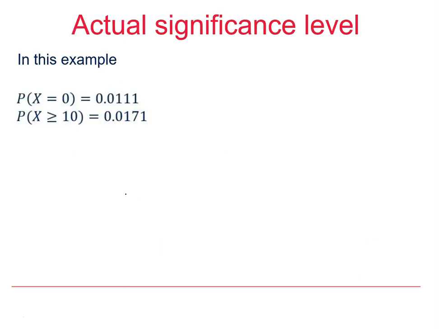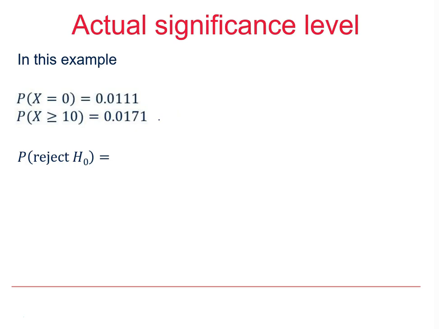If we now look at the actual significance level, with a discrete distribution, getting to exactly the nominal significance level, in this case 5%, is impossible because of the nature of discrete variables. And so in this case our lower tail has a probability of just over 1%, our upper tail 1.7%.